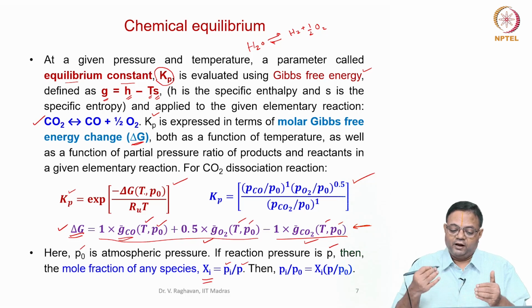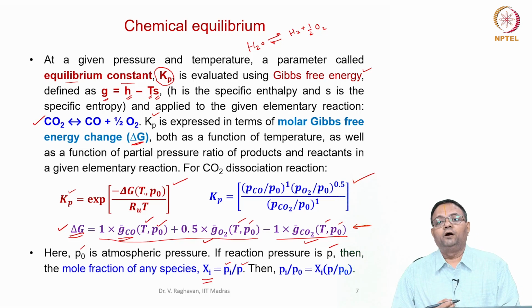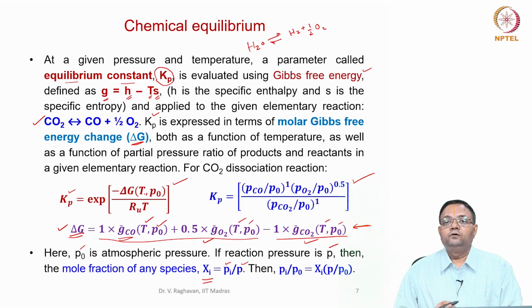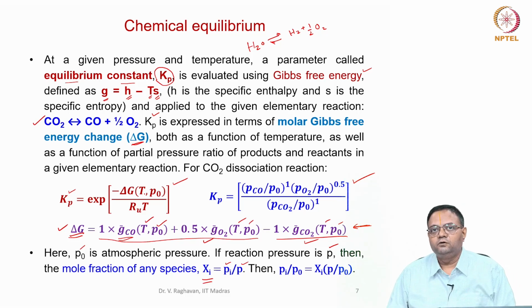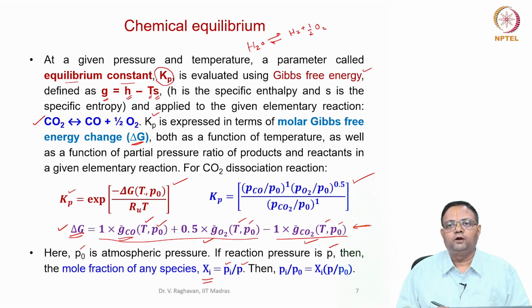But when you derive this, delta G at equilibrium should be equal to 0. Using that definition, delta G of the mixture should be equal to 0.